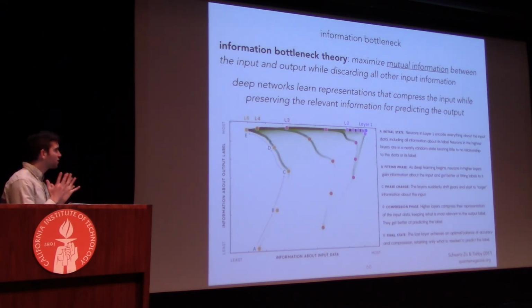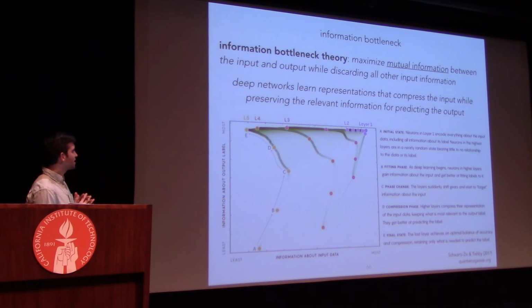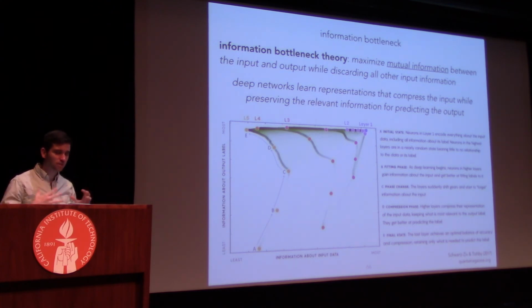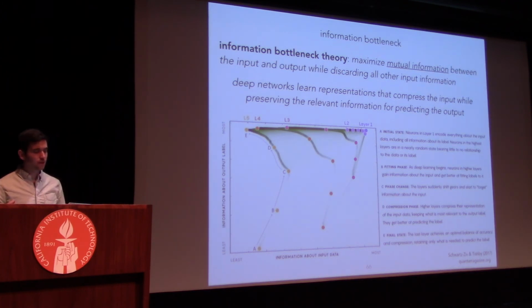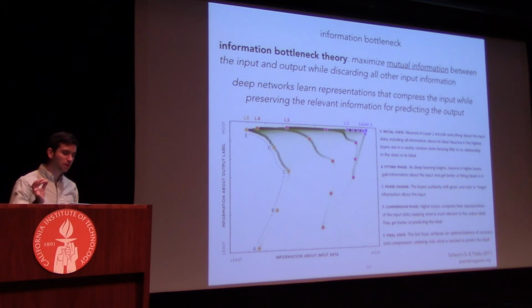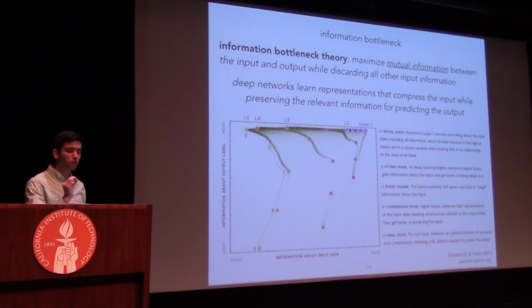And there are nice diagrams here where you can see that at the beginning of training, at this very bottom level, the first layer of the network contains all the information about the data and all of the information about the label. That's just, by default, always going to have that amount of information. Now the second layer slowly starts to get more and more information. It gets a little more information about the label while losing some information about the data.